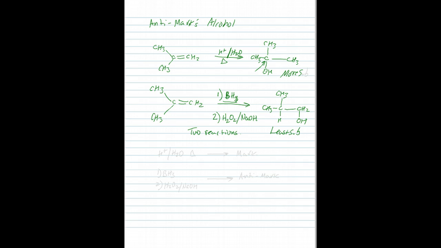So you've just learned two different reactions. One reaction, the acid and water with heat, gives you the Markovnikov product. The BH3 with the H2O2, we're not going to go over this mechanism. If you're curious, you can come to my office hours. It gives you the anti-Markovnikov product.